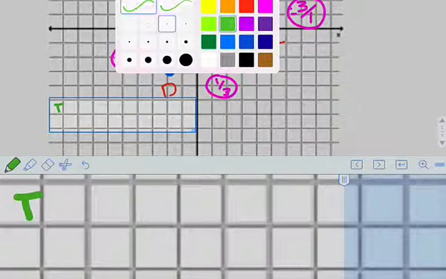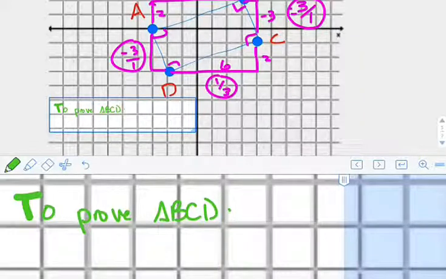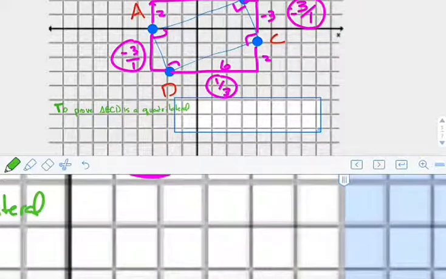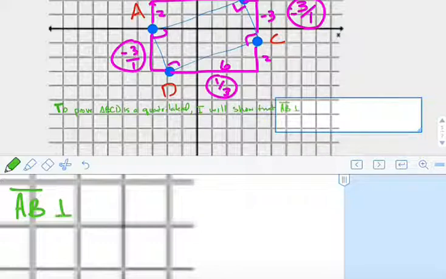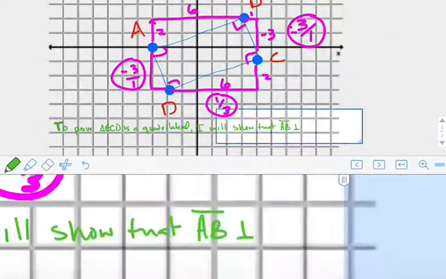Let's decrease the size of that pen. Okay, so to prove ABCD is a rectangle, I will show that AB is perpendicular to BC.